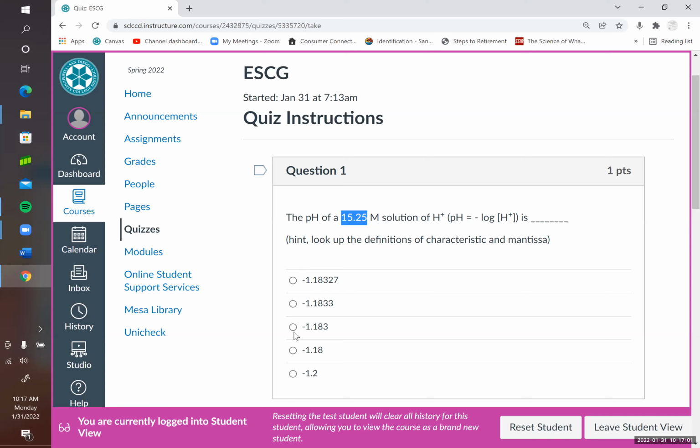So which do I pick? It has to do with the number of significant figures. So in order for me to pick the correct answer, I have to figure out what this means here, characteristic and mantissa.